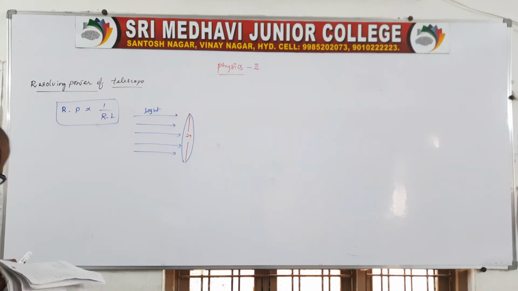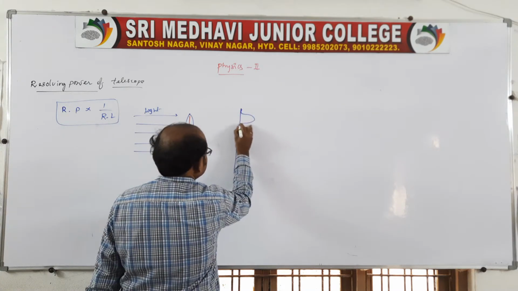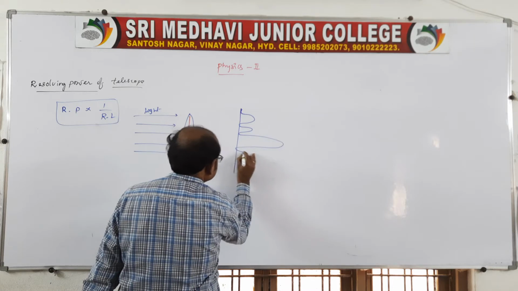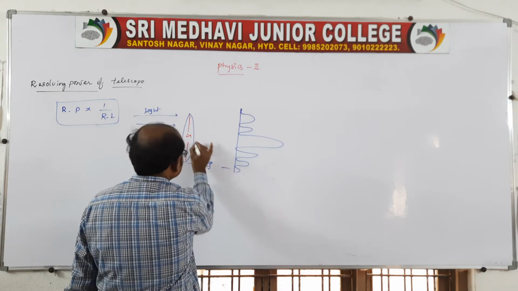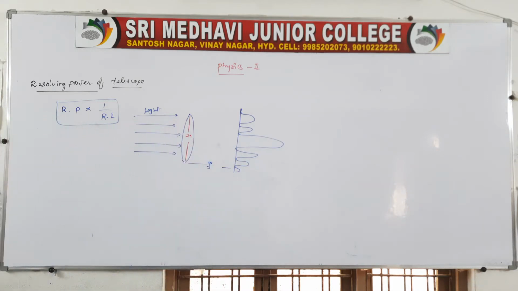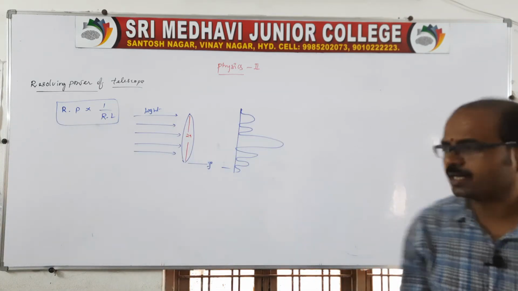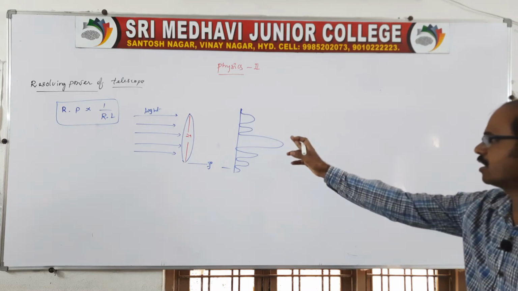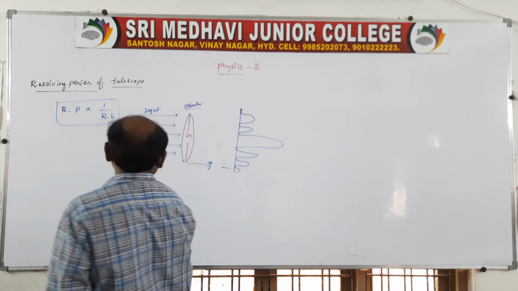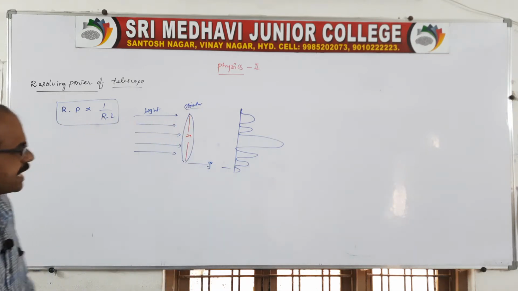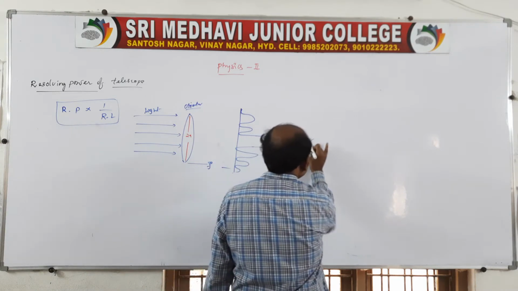Therefore, an image will be formed on the screen, where we get the maximum, and then slowly it decreases. The screen is arranged at a distance f, the focal length of the objective lens, so that the rays are completely focused at one point and form a central maxima.